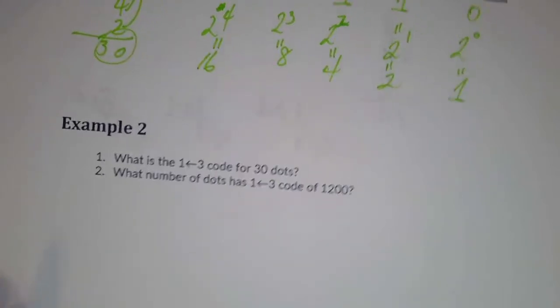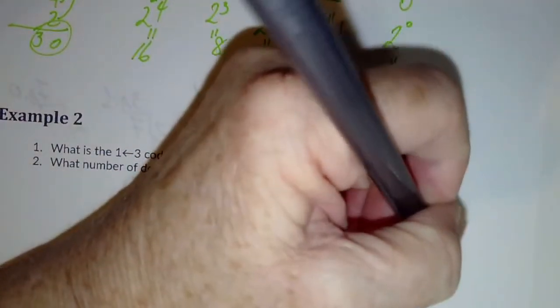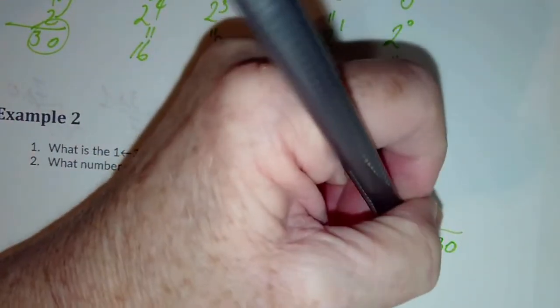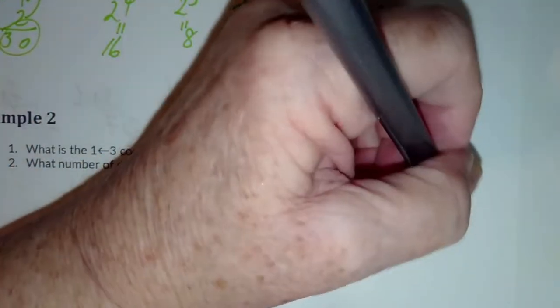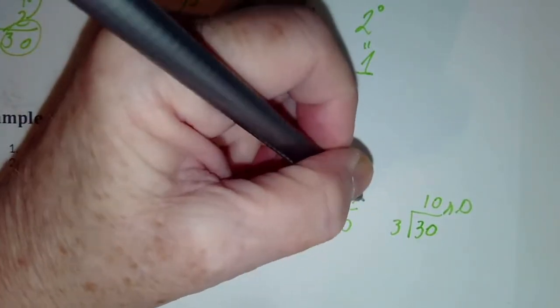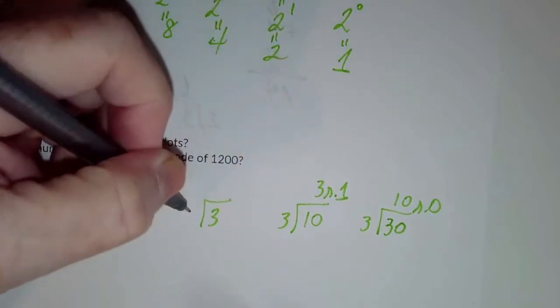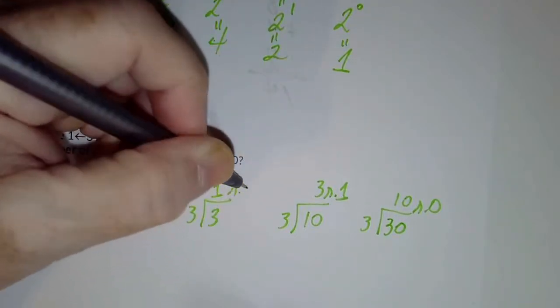Let's start with 30 and divide by 3. So we have 30 divided by 3 is 10, remainder 0. 10 divided by 3 is 3, remainder 1. 3 divided by 3 is 1, remainder 0.